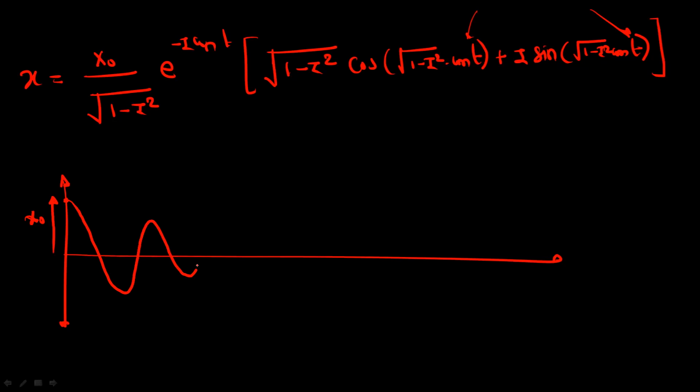So this is the cyclic motion. But for this cyclic motion, the amplitude is continuously reducing, and after some finite time, it will become 0. So this is the stable condition. This is the continuous reduction in the amplitude. So this is the oscillatory waveform.